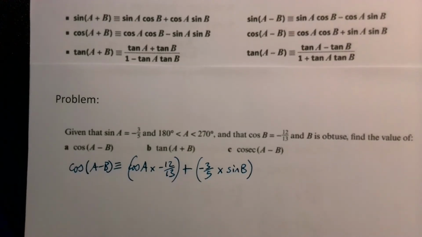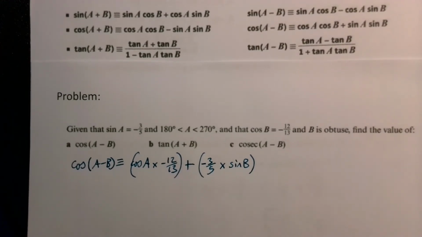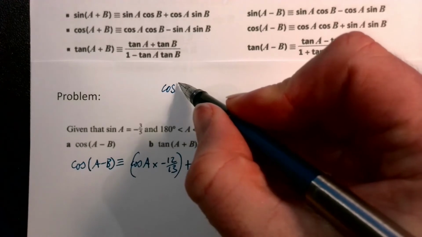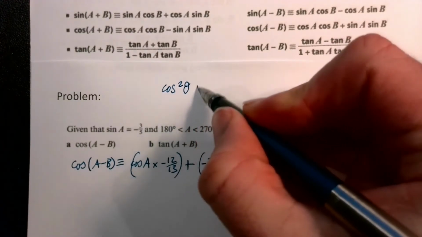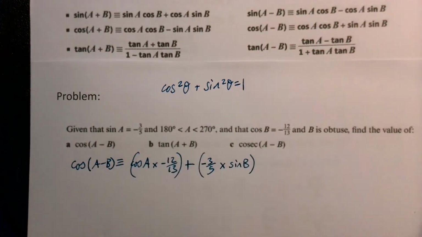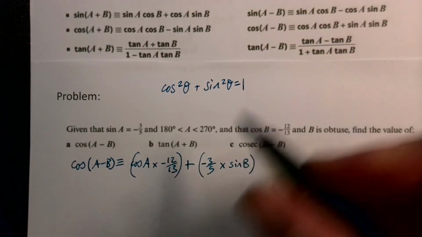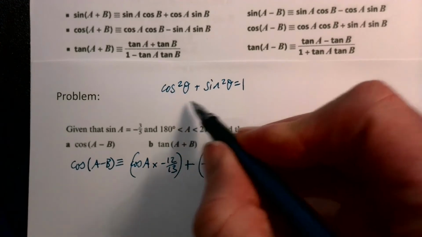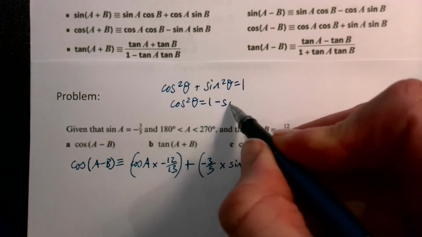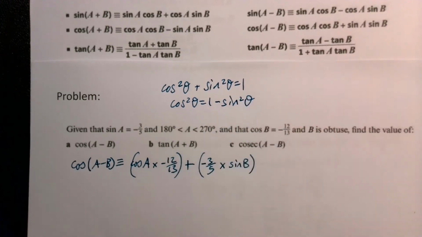And in order to do that, we're going to need to use one of the trig identities that we should know all the time. That's going to be good old favourite cos squared theta plus sine squared theta equals 1. And we can rearrange that, can't we, to say that cos squared theta equals 1 take sine squared theta, and we can do the same thing for sine.